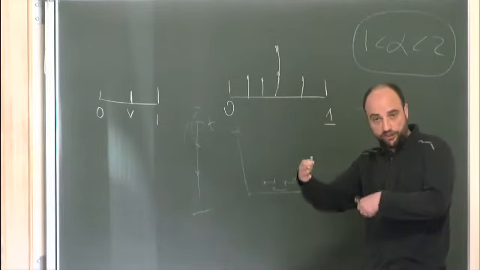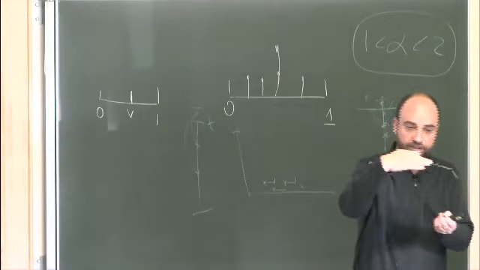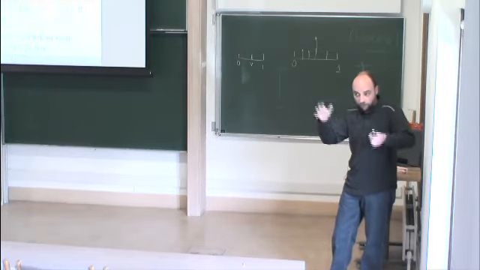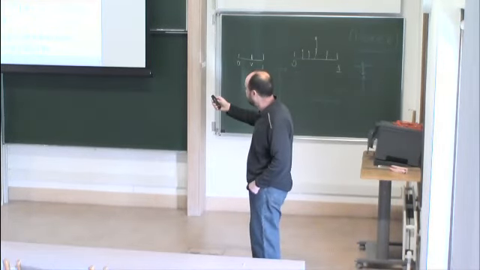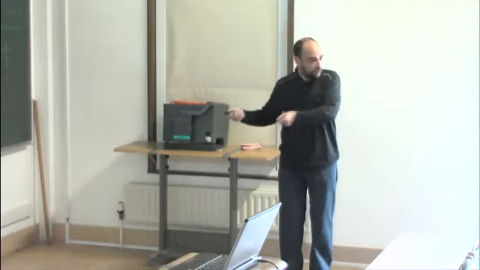If you cover the whole real line, it's more or less immediate that any point is covered by an infinite number of intervals. And Shepp gave an exact, strict criterion on what should be the condition on the Poisson intensity measure pi in order to be covered or not covered.